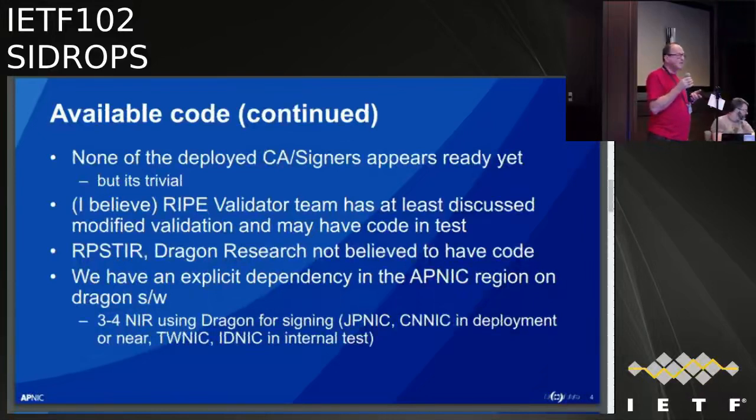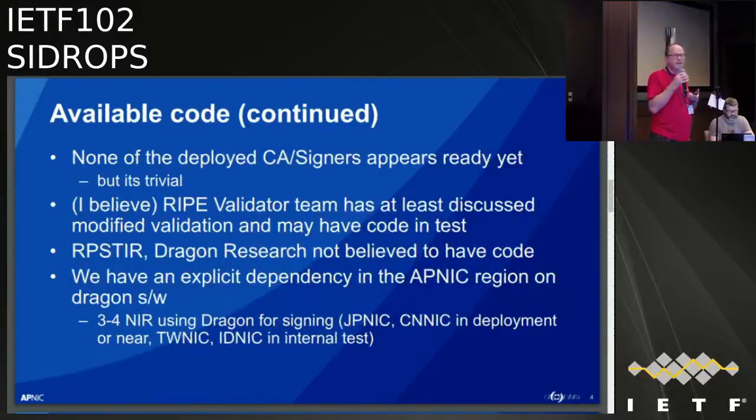It's my belief that the RIPE validator community actually did talk about this, and the developers have discussed this and have thought about coding this model, but it's not currently in deployment. And the two other principal packages that are used, RP-Stir and Dragon Research, they don't have code that does this. So in the community of code packages that make certs or validate certs, this code just doesn't exist.